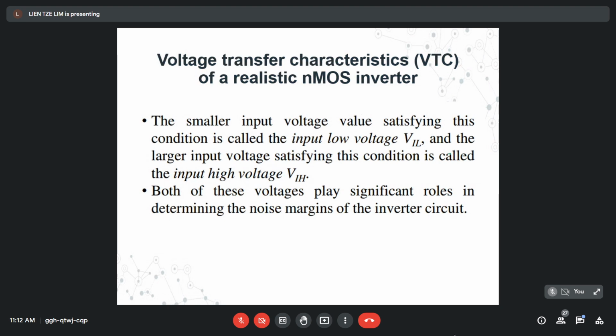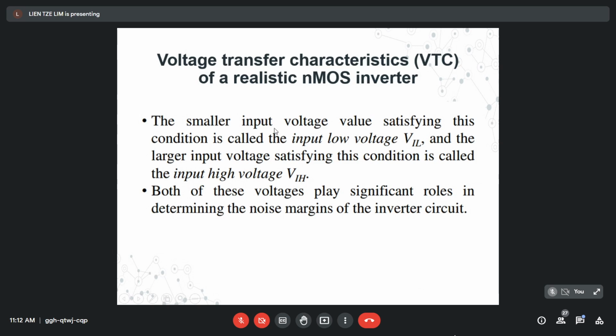And then when the input is high, there will be current conducted through the load, and there is also a voltage drop across the load, and the output will be small. The output will depend on the current flowing through the NMOS, from drain to the source.